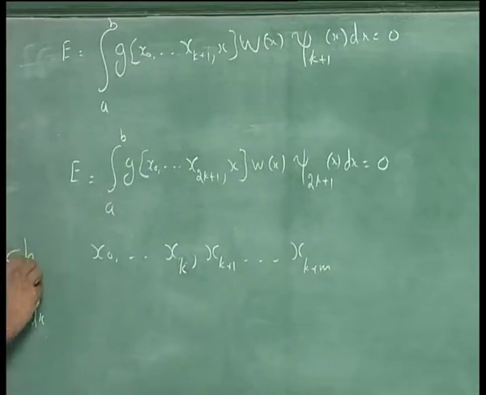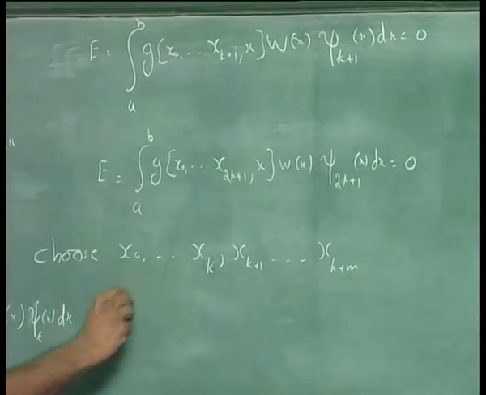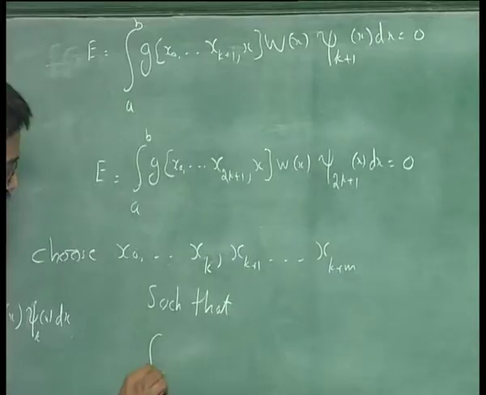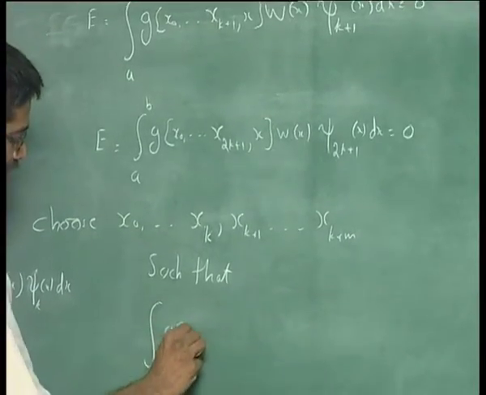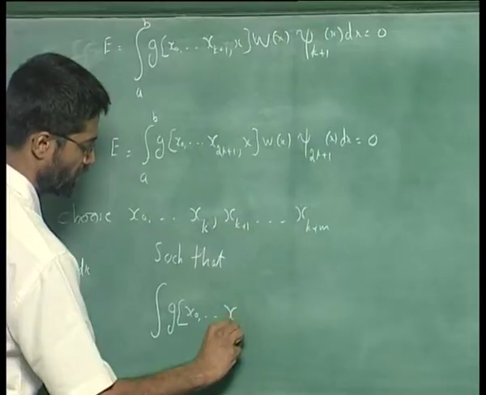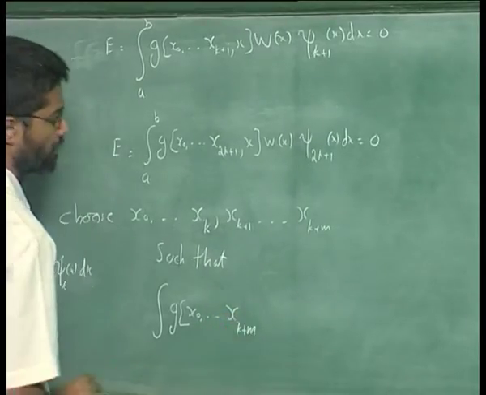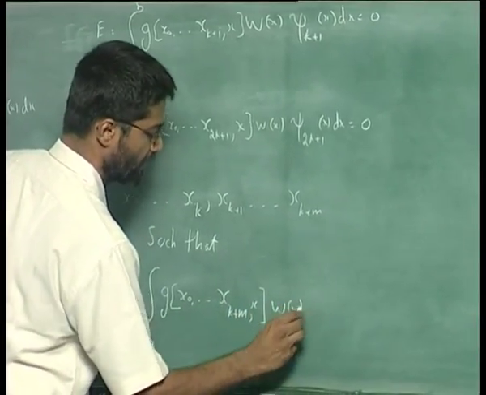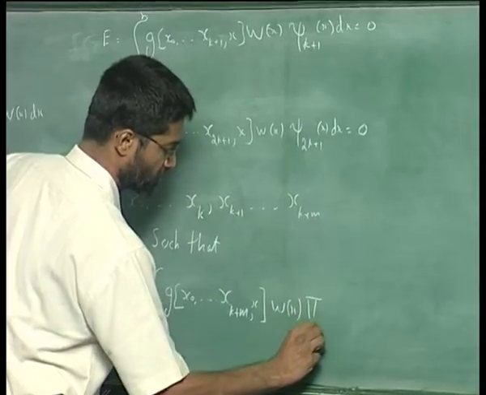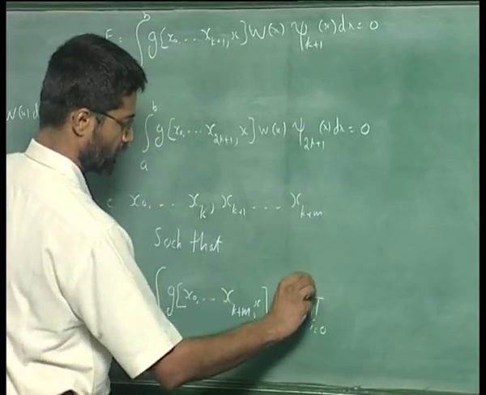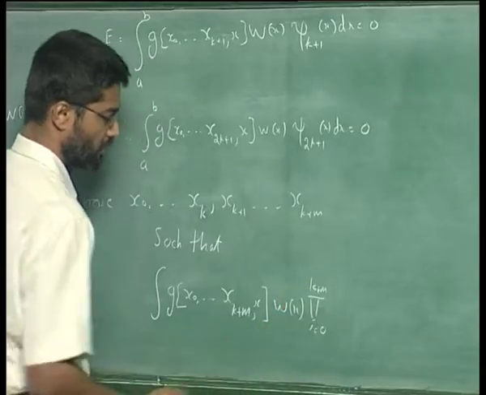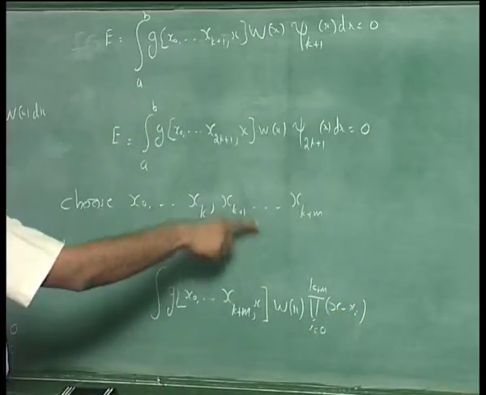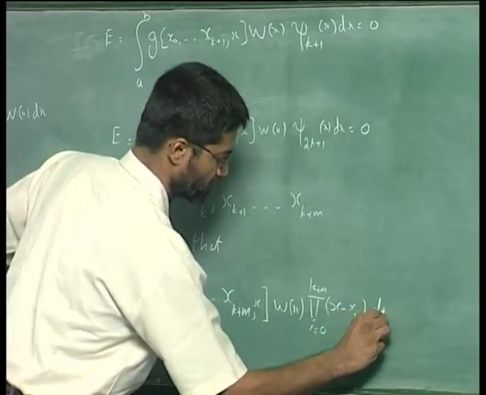Okay. So, we choose these points such that the integral of g, x0 to xk plus m, we choose another point, k plus m comma x, w of x into the product of i going from 0 to k plus m, x minus xi, that product which is psi k plus m, dx equal to 0.